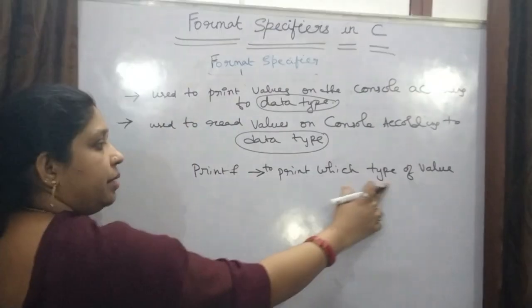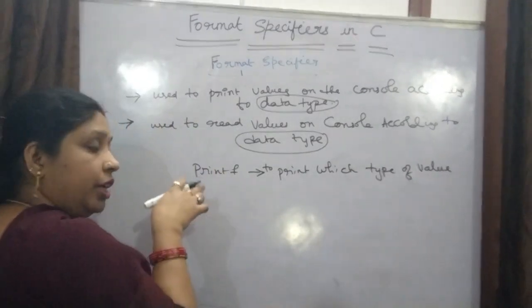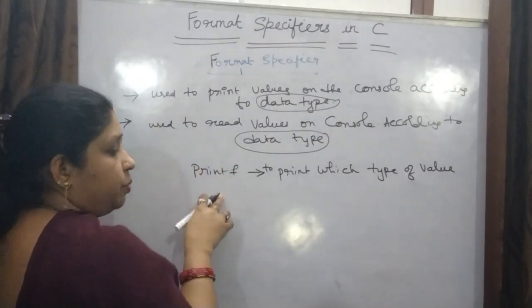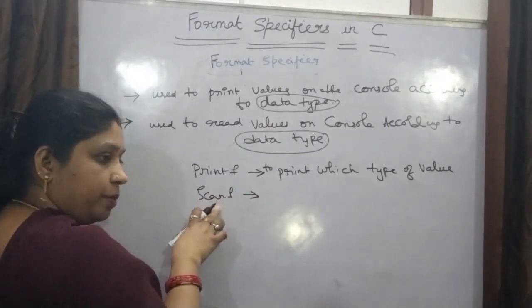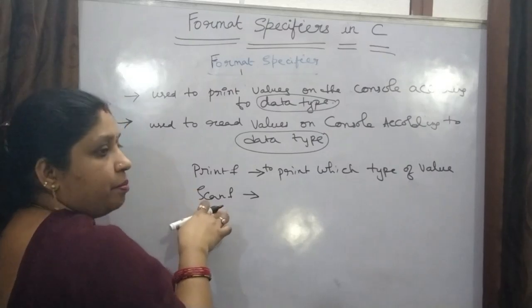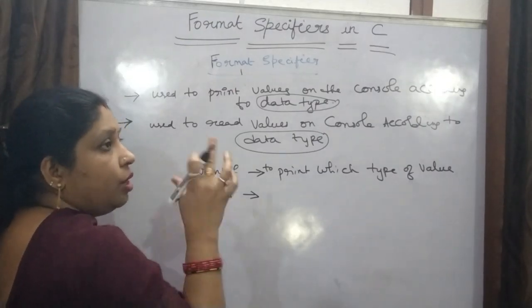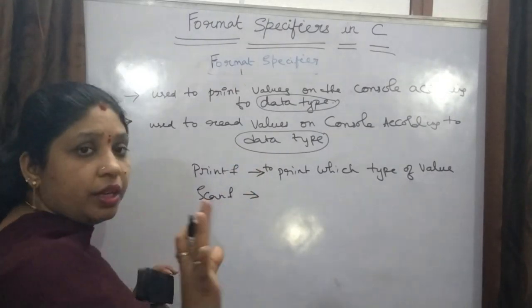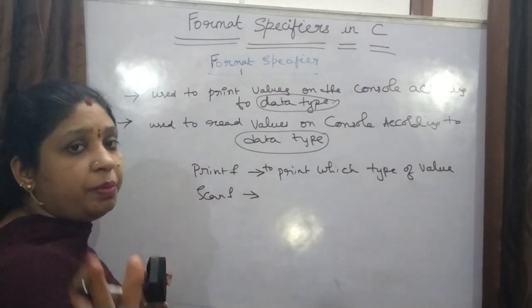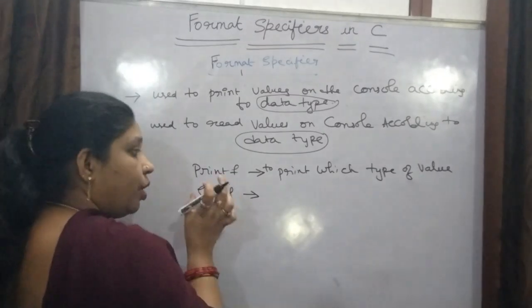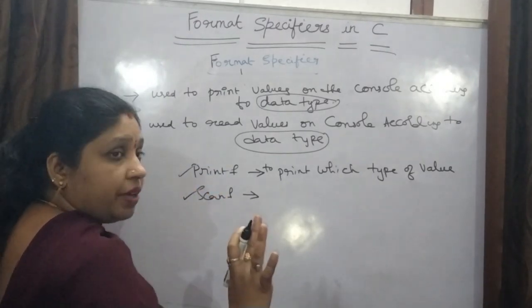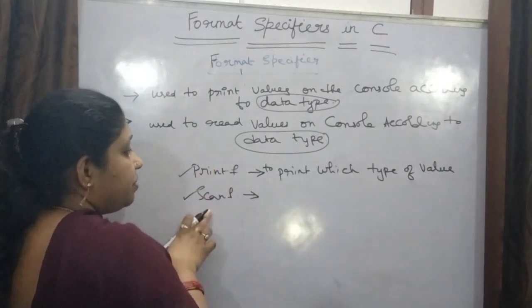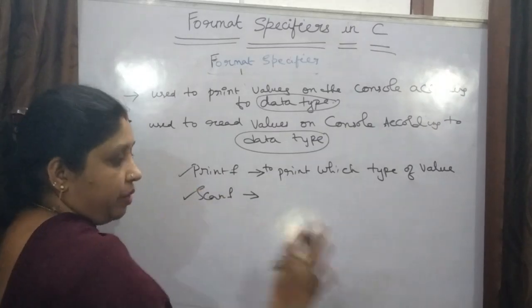Even in scanf, if you give format specifiers, that is compulsory. The syntax will be like that. Without a format specifier, the syntax will not be complete. So in printf and scanf you are using format specifiers. Without format specifiers, these two functions will not work.